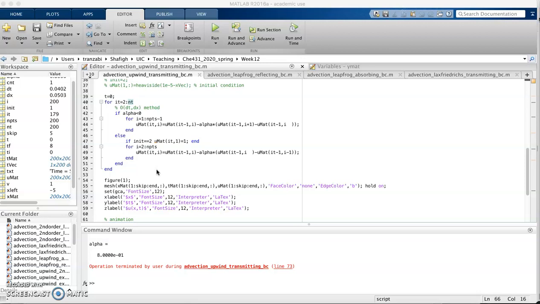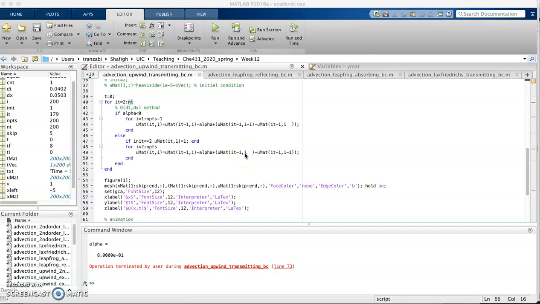To do that, if you look at the upwind discretization at time Tn, we get the information from Tn minus 1 at point I minus alpha, depending on whether alpha is positive or negative, times Tn minus 1. It's forward Euler if alpha is positive, and backward Euler if alpha is negative. So here alpha is negative and we use backward Euler.